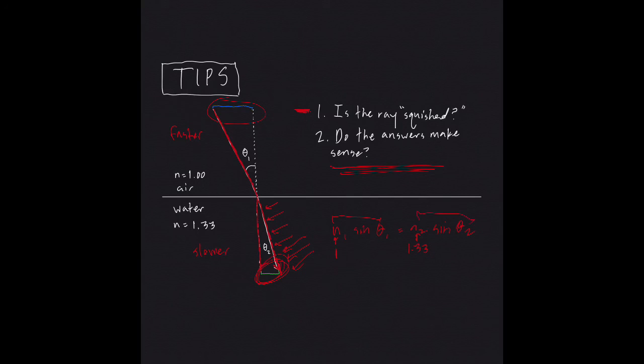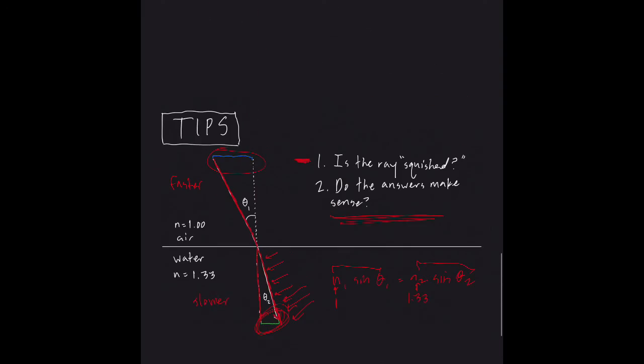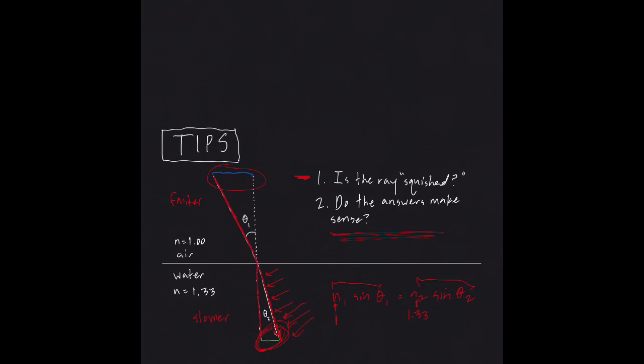So if you found your answer for theta 2, because this side has a smaller n, and this side has a bigger n, that means for both sides to be equal, sine theta 2 has to be smaller, and sine theta 1 has to be bigger, right?